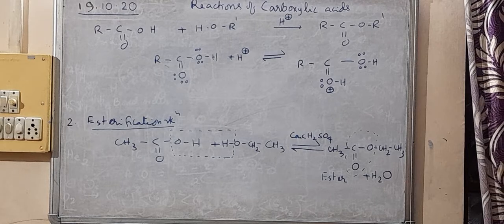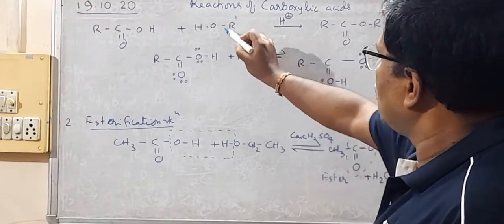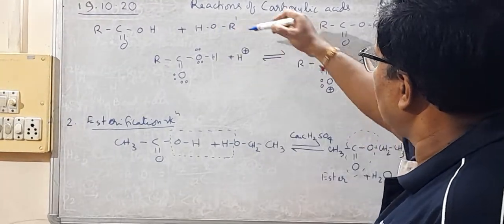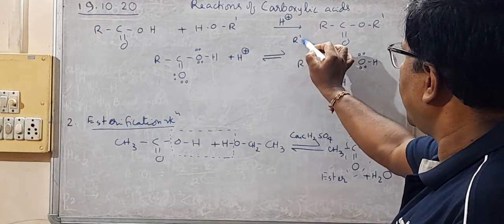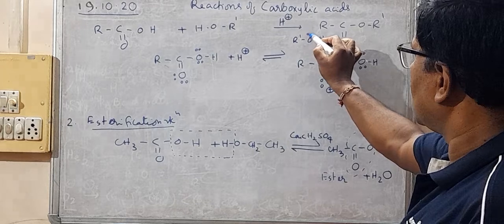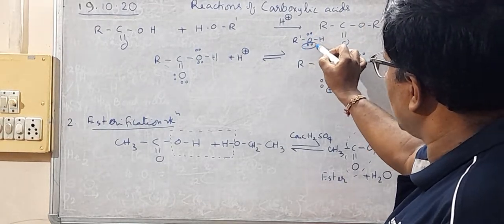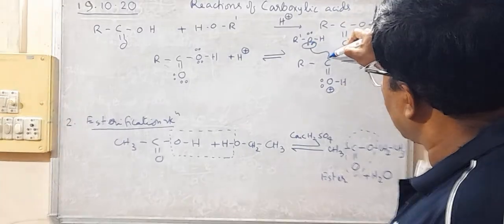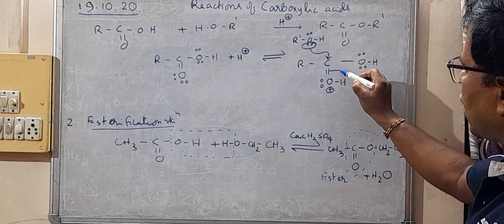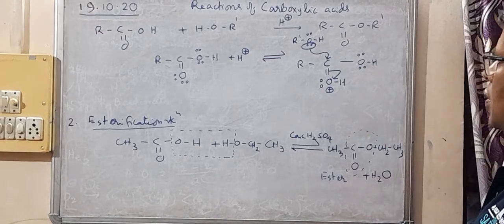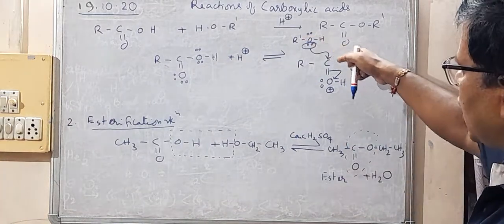The second step is the alcohol molecule. This alcohol molecule will act as a nucleophile. So I am taking this alcohol molecule, say R-OH. This alcohol molecule acts as nucleophile. It attacks here at this carbon, and this pi bond electron comes back to this. So this is what happens in the next step, the alcohol molecule acting as nucleophile.